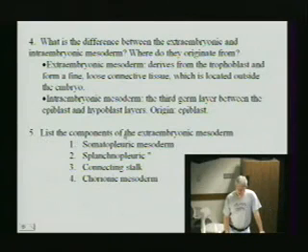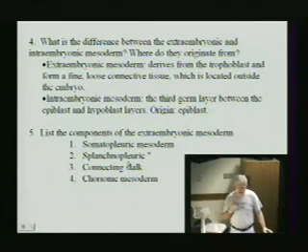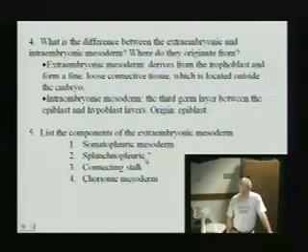So what are the components of the extraembryonic mesoderm? Well, here they are listed for us. So there is a somatopleuric mesoderm and a splanchnopleuric mesoderm. We're now seeing this pleuric added to the somatic and the splanchno, and pleuric should automatically make us think of the thoracic cavity or the chest cavity, the pleura, the lining of the lungs.